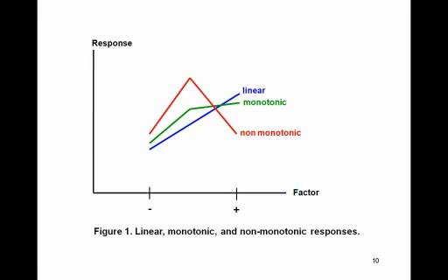Because if we run our simulation at the minus level and our plus level, and we get approximately the same response values, we may conclude that moving the factor over the range has no real effect on the response. Let me go back one slide and see if there's anything I missed there.